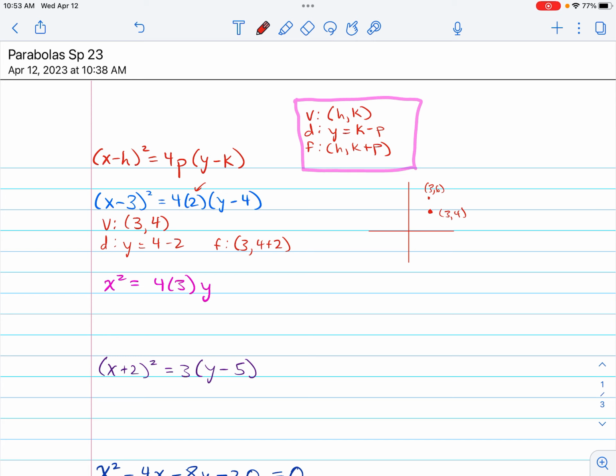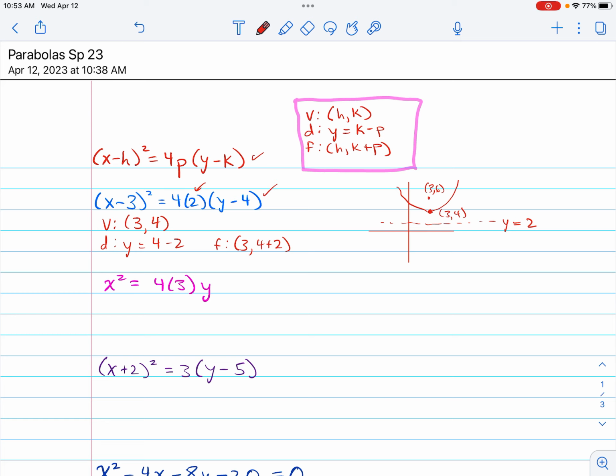That's the focus. We go down 2 units, and we get the directrix. So here's the directrix, and it's y equals 2. So the parabola looks something like this. Now, this fits this form exactly.